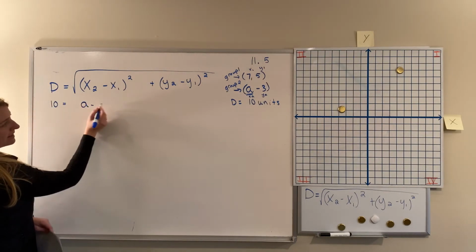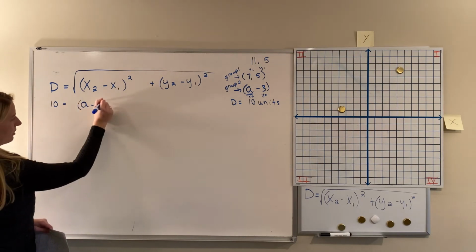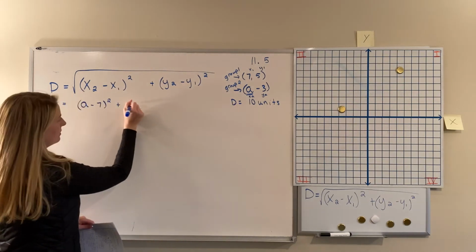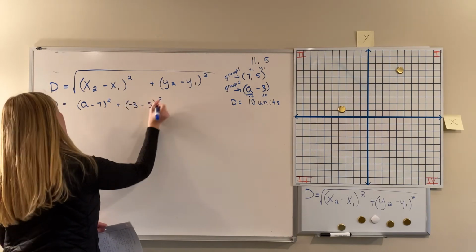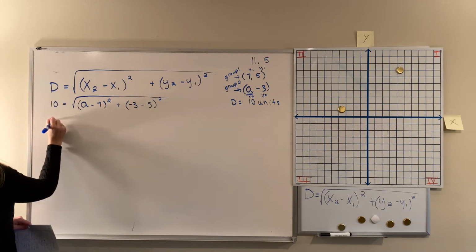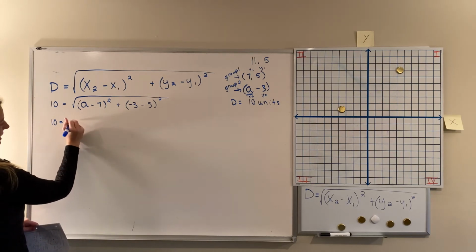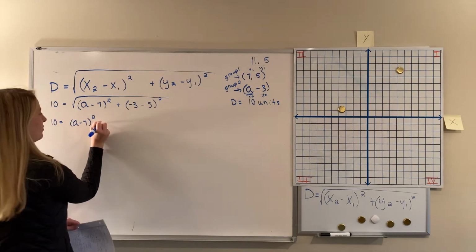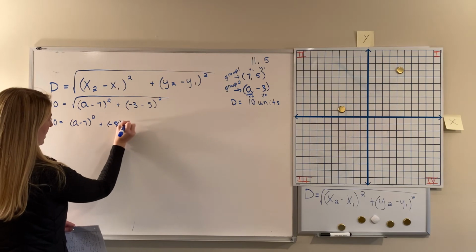A minus 7, which was my X1 value, put it in parentheses, square it, plus Y2, so negative 3, minus 5, squared, all underneath the square root symbol. So, continue to solve, 10 equals, there's really nothing I can do here. So, I'm going to leave it as A minus 7 squared plus negative 3 minus 5 is negative 8 squared.